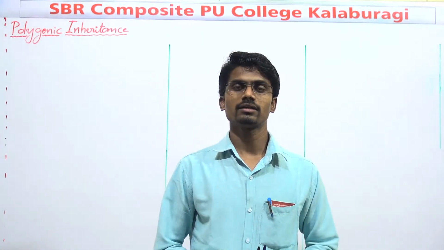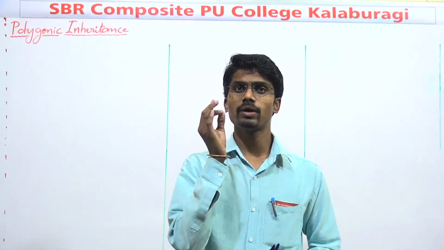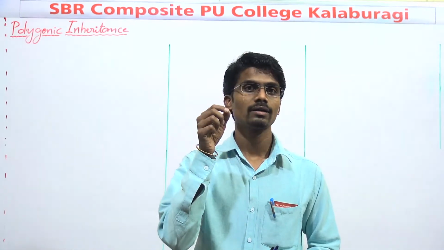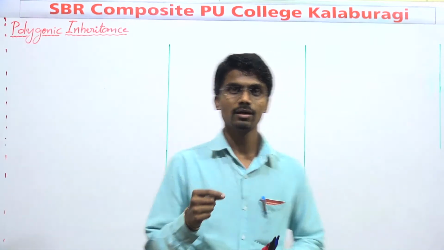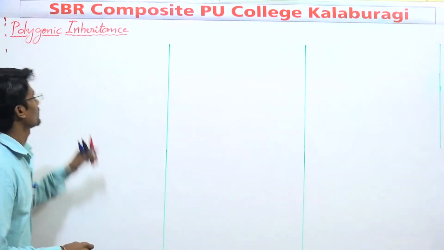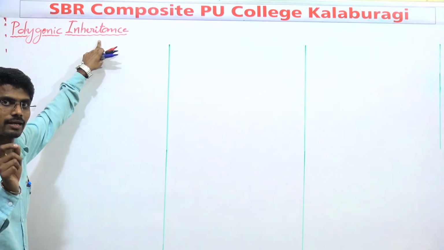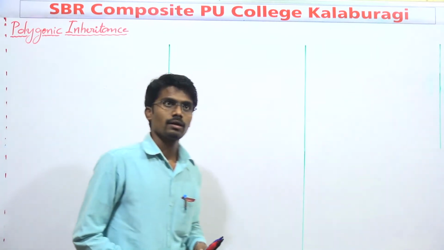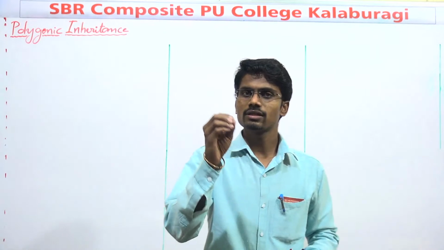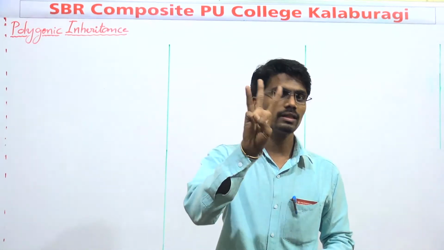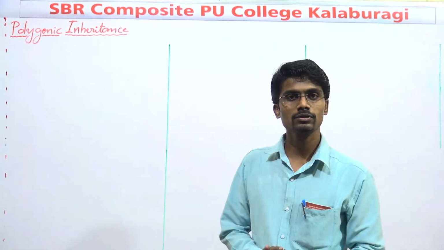Today, we will discuss one of the most important concepts in genetics, that is polygenic inheritance. What is that concept? That is polygenic inheritance. Dear students, in this session you should focus on three things. And what are those three things?